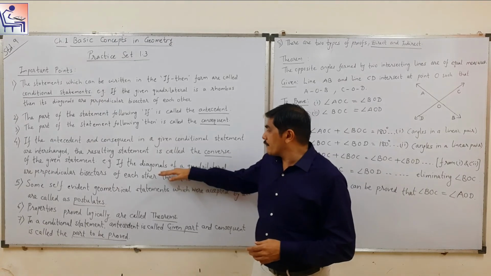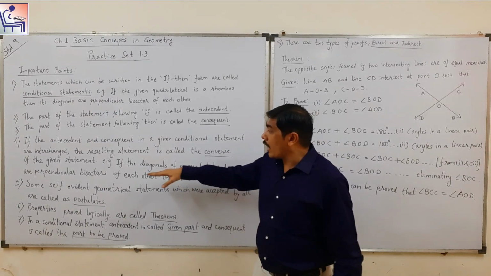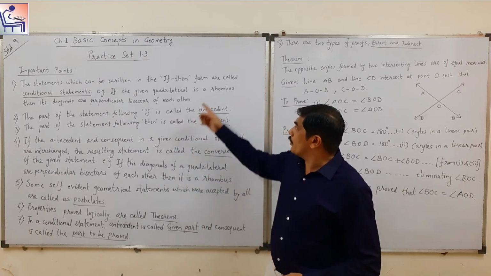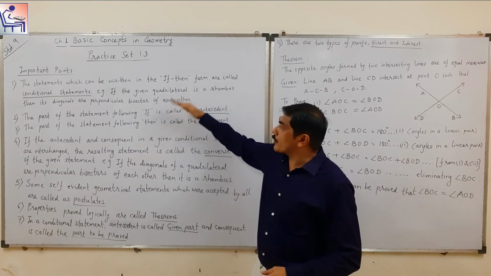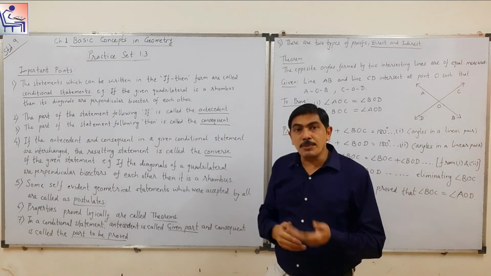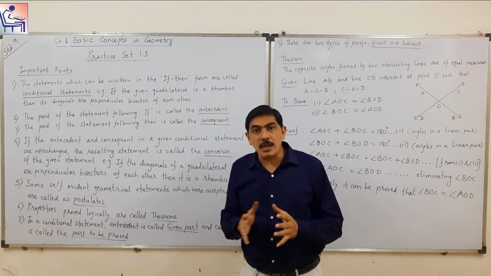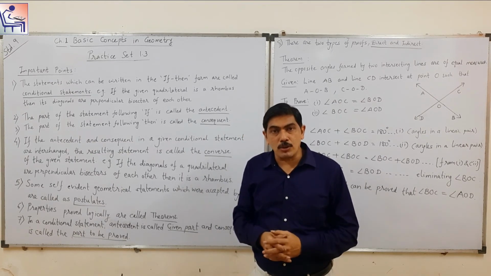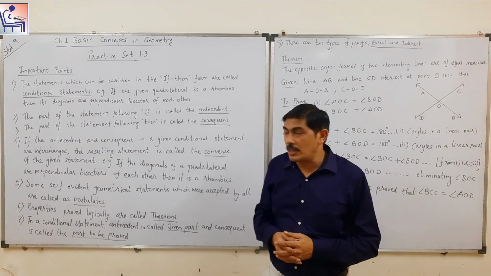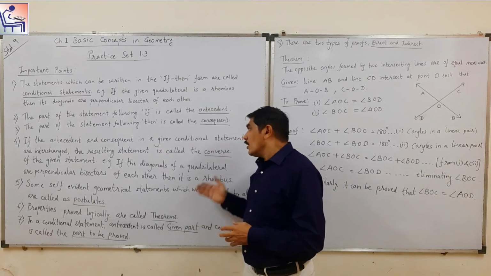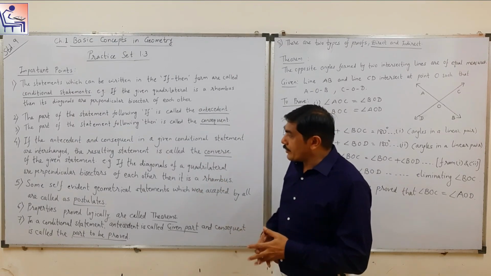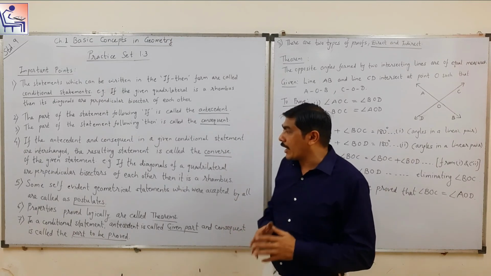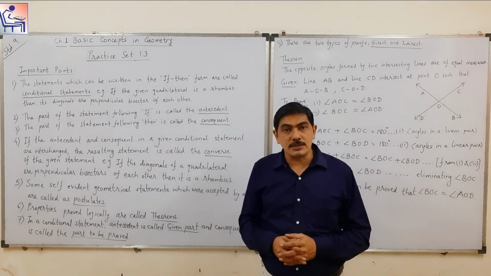For example, if the diagonals of a quadrilateral are perpendicular bisectors of each other, then it is a rhombus. You can see now we have interchanged the parts. So whenever you interchange the if part and the then part of a conditional statement, we call it the converse of the conditional statement. And now the fifth point. Some self-evident geometrical statements which were accepted by all are called postulates.